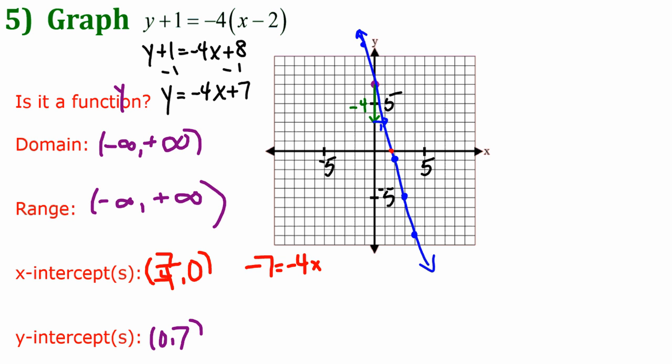Now, is there anything that you notice about our graph with how it relates to the original equation? Well, we know the rate of change, the slope, was negative 4, and that appeared here in our equation. So we can still look in the same place to find our rate of change, the slope. Now, we had a starting point of (0, 7), and that's where it fell in this equation.